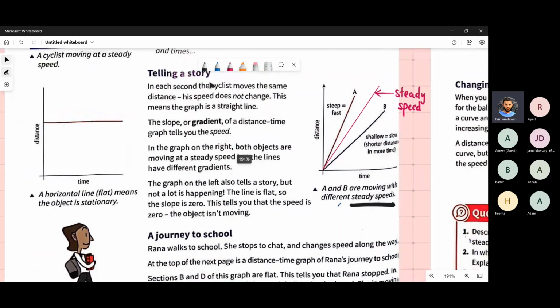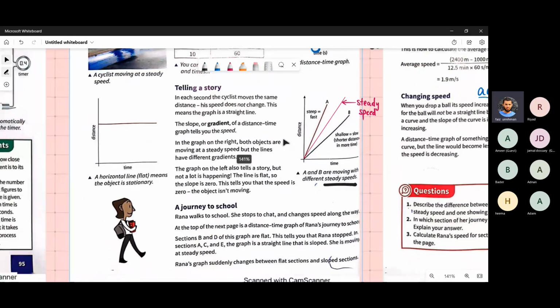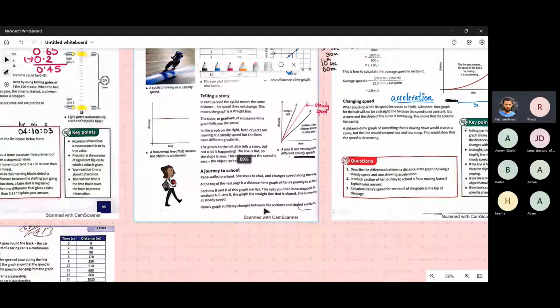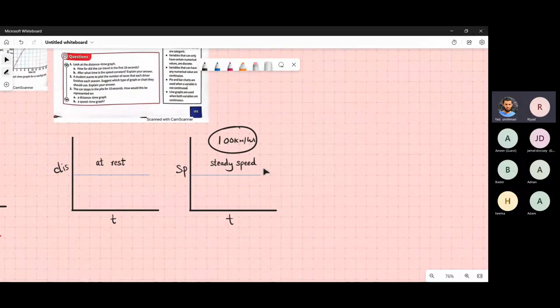Okay. Now steady speed and constant speed are the same thing. So if you put on a cruise mode, you are going for steady speed or increasing speed? Steady speed. But when you are pressing the pedal, you are doing what? Increasing speed.